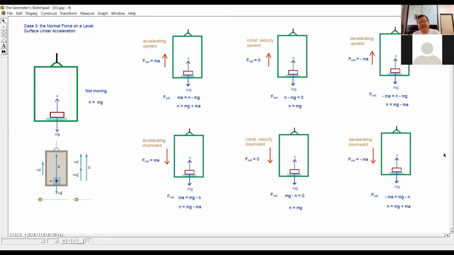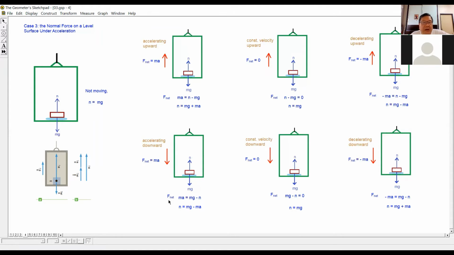So net force is the weight minus the normal force. Here also, and here also, net force is the weight minus the normal force.